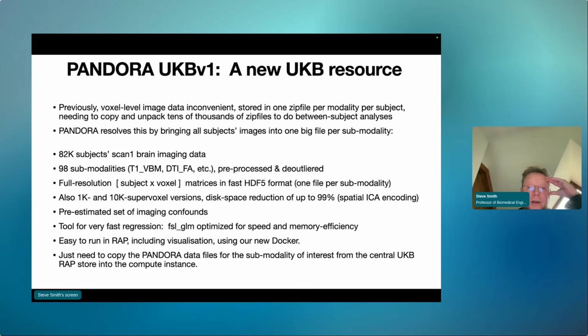To make it really easy to work with these massive matrices of the full imaging data, there's a new software tool, FSL-GLM, which works really well with these HDF5 files, and, for example, only takes about a minute to do an analysis across all 82,000 subjects data for the 1K supervoxel version for one modality.